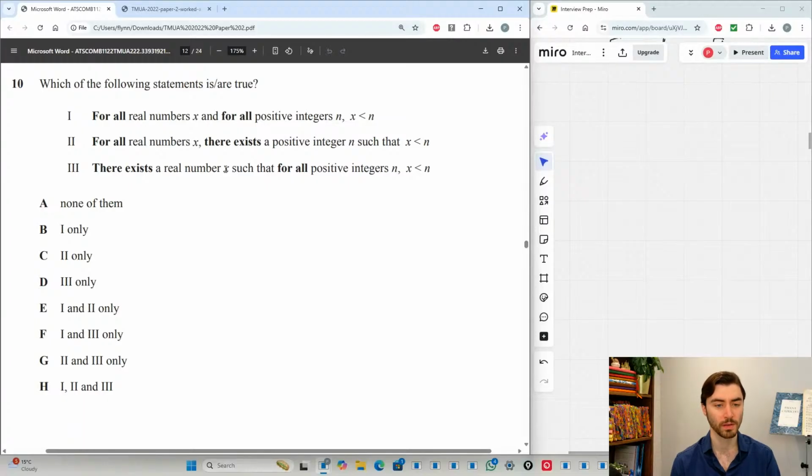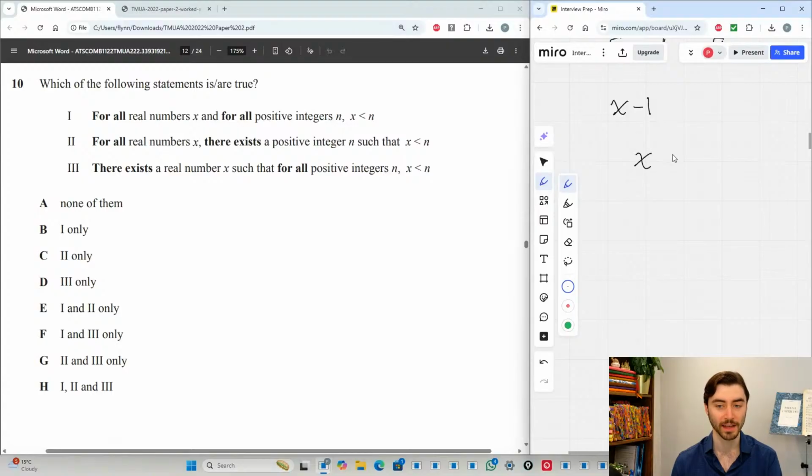There exists a real number x such that for all positive integers n, x is less than that. Well, no. Because if we said that 3 was true, so let's say x was the smallest one, well, I could just consider x minus 1. So for instance, if it was x, and then all of the positive integer n's above it, if this first one, let's say this was n, if I subtracted 1 from this n, that would put me on the other side of x.